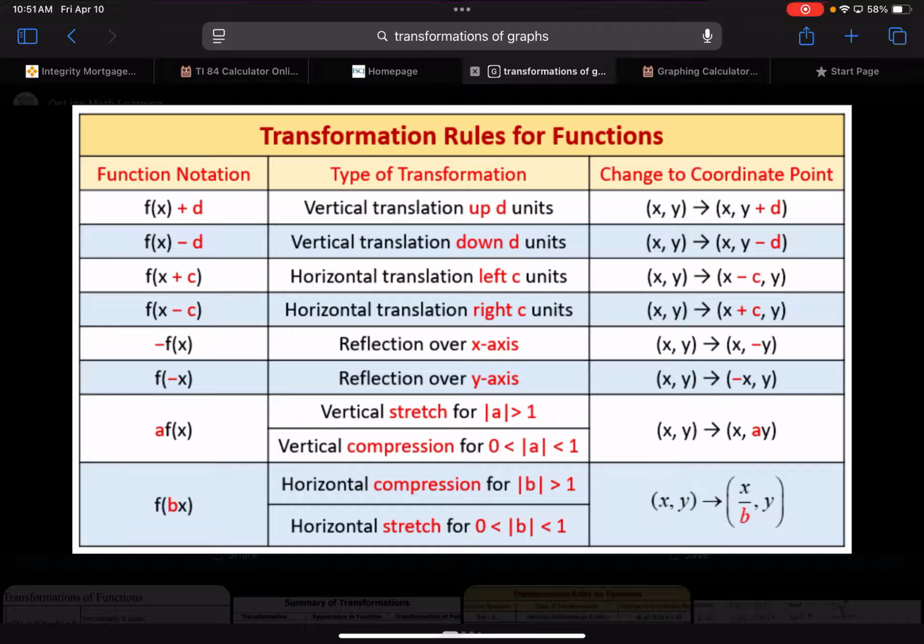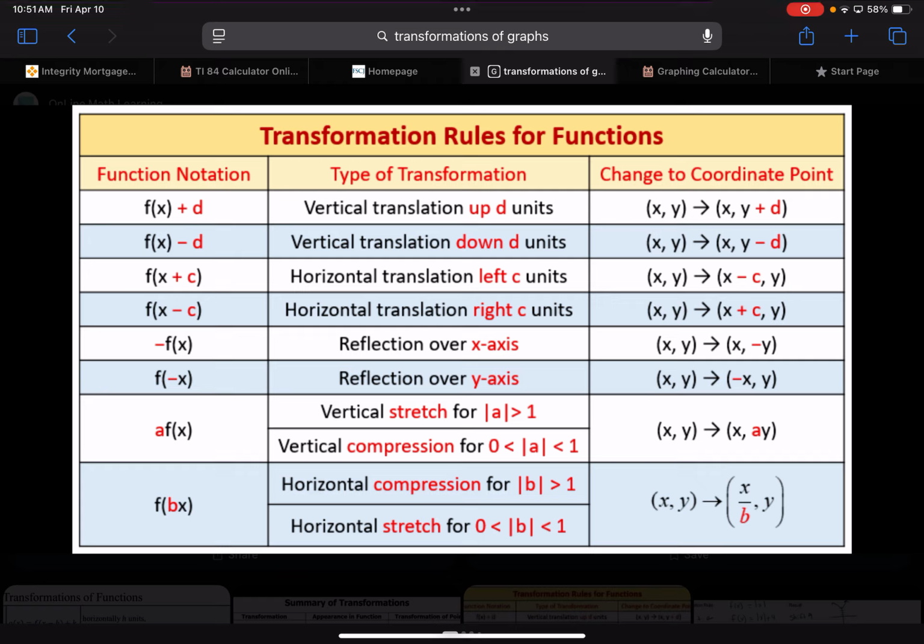If I add something directly to that base graph on the outside, that'll shift it up d units. And the last column shows you how to get from one ordered pair of the original to the ordered pair of your transformed graph. So that's telling you to add d to the y coordinates, because that will move those coordinates up d units.